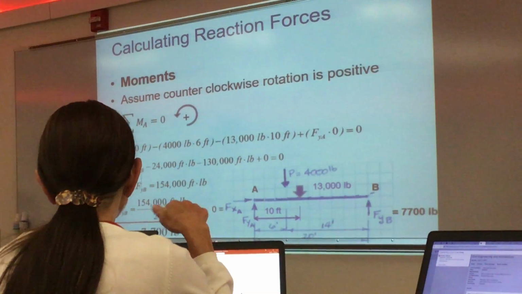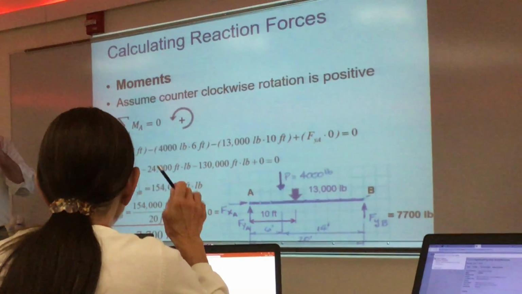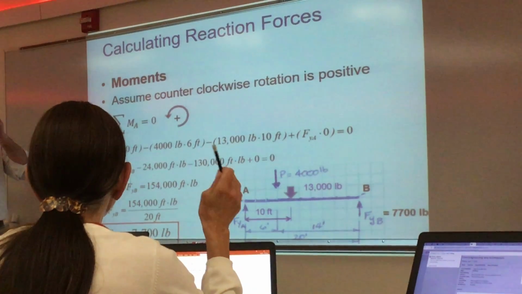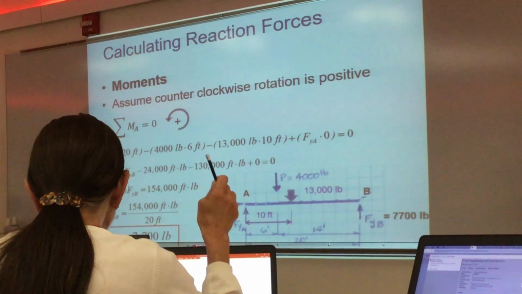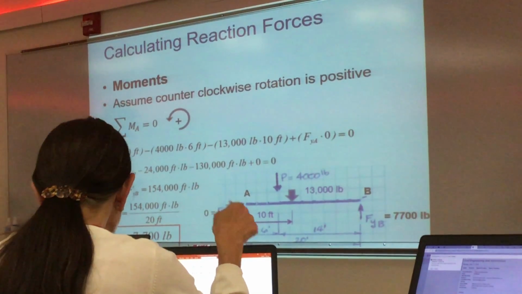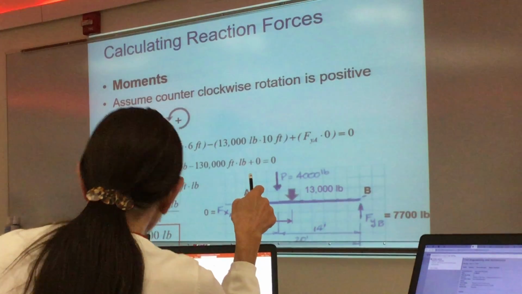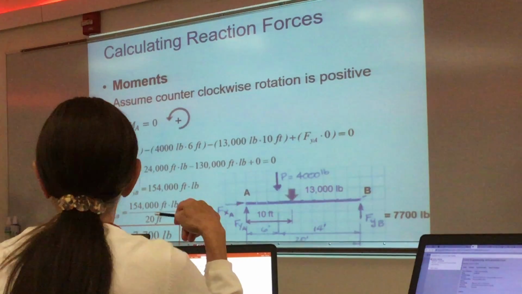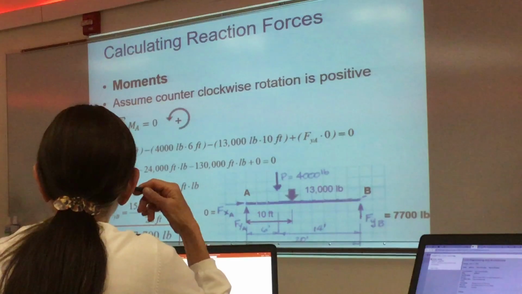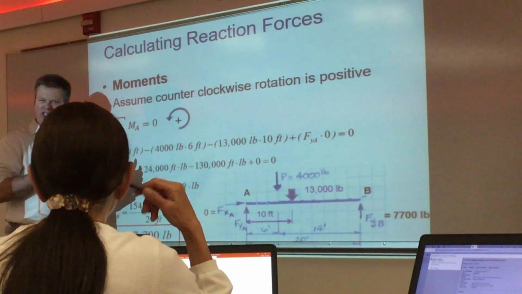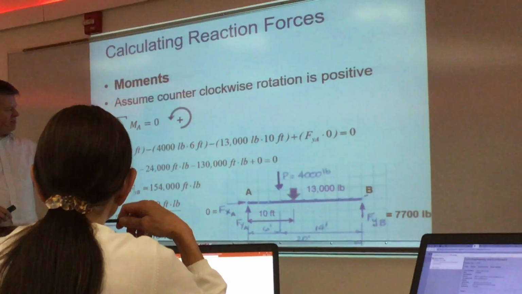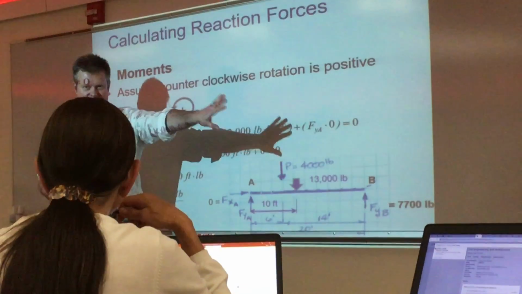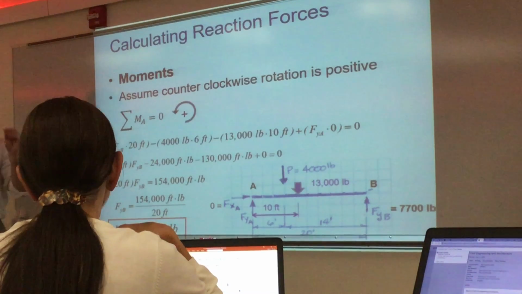I usually do this, it's helpful to me. I'll put on one side of the equation all the arrows that are going in the same direction, because they're causing a moment in the same direction. And then on the other side of the equal sign, I'll put the other forces. If that helps you understand it with the signage, that's okay. The signs work out too, as long as you see that this is positive on that side and that's positive on that side, and if that makes sense to you, that's fine.